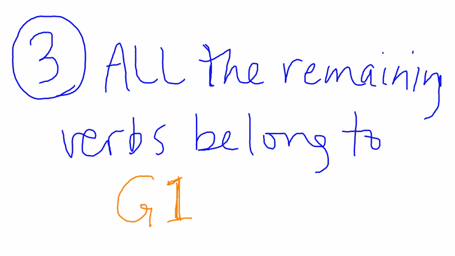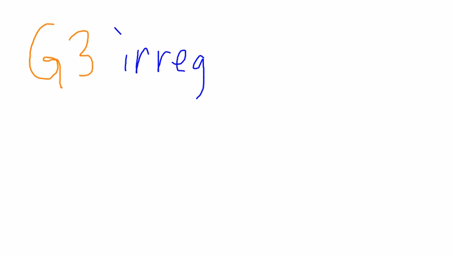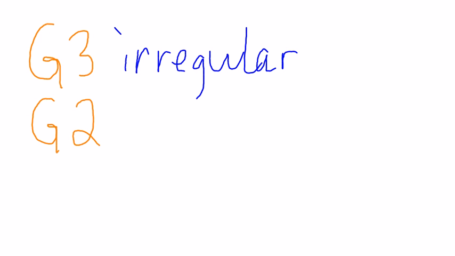To recap, we have group 3. These are the irregulars. Kuru and suru. Sometimes I use the mnemonic irregulars. You can say the irregularity. Group 3, irregularity.